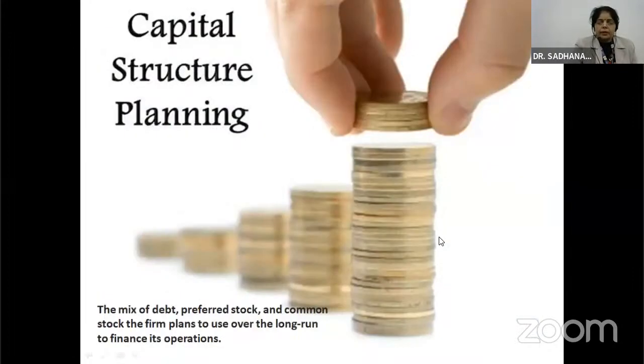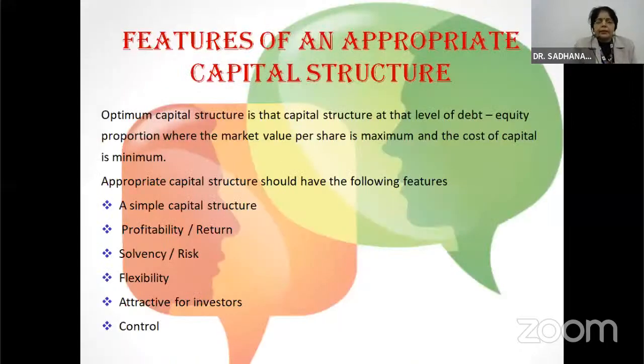This is also known as capital structure planning. It is the mix of debt, preferred stock, and common stock the firm plans to use over the long term to finance its operations. Next, we have to discuss features of an appropriate capital structure. Optimum capital structure means that which gives maximum benefit to the company or shareholders.